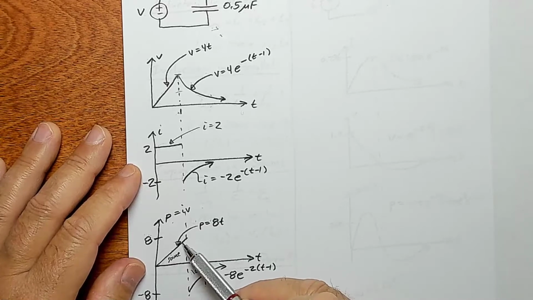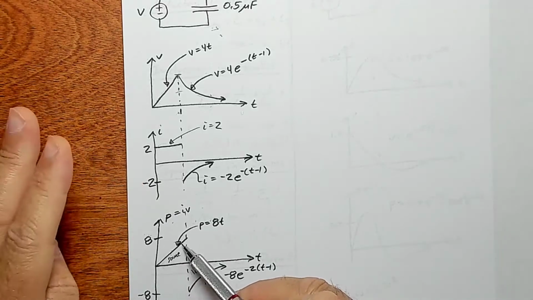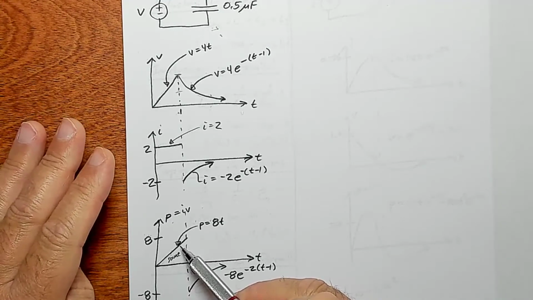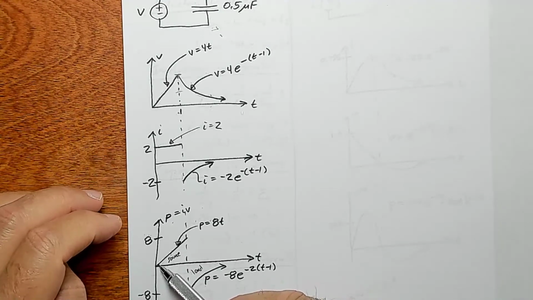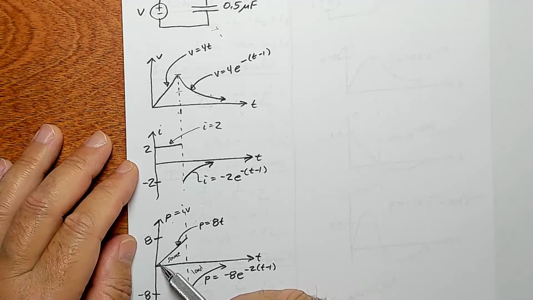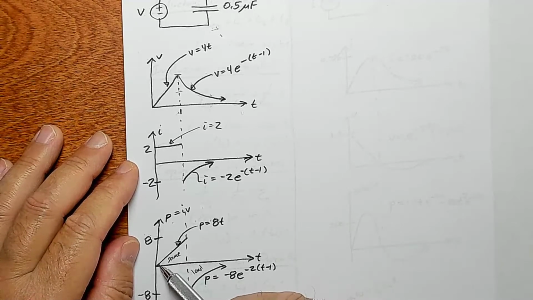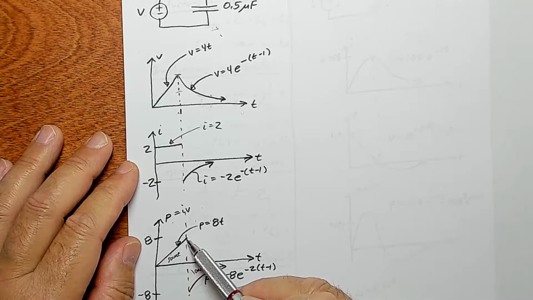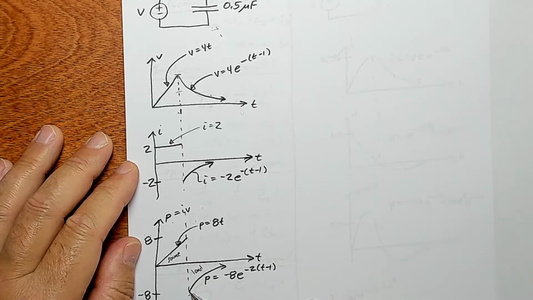And remember, power is something that flows. It's the flow of energy, right? It has time in it. It's joules per second. So the energy is flowing into this device, and then as the current flips direction, the energy starts flowing out. So here it's flowing in, and then as the voltage starts decreasing, the current immediately changes direction.